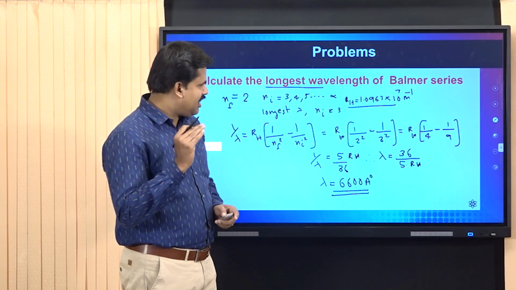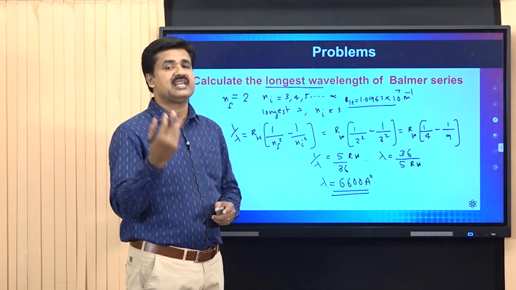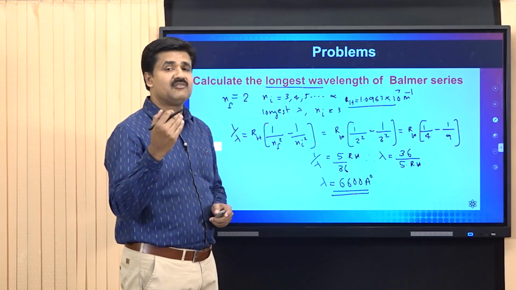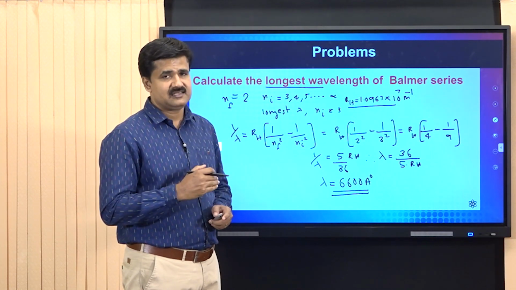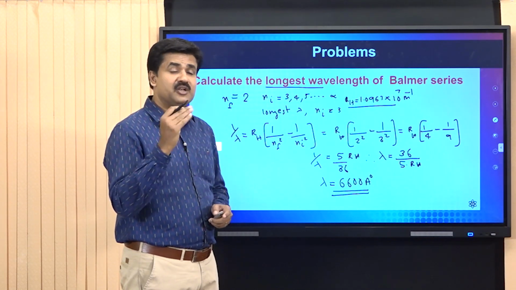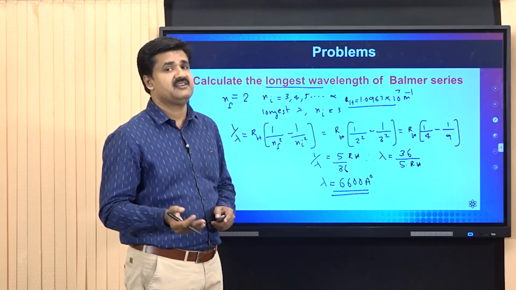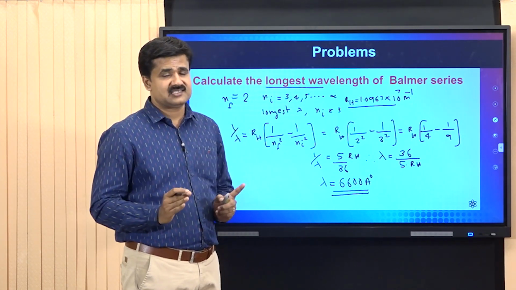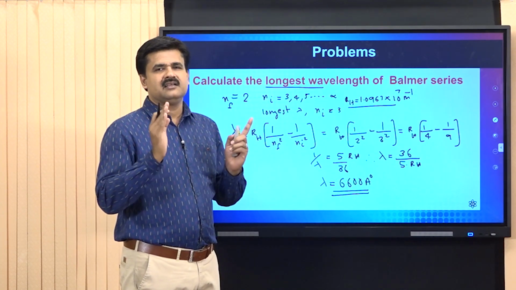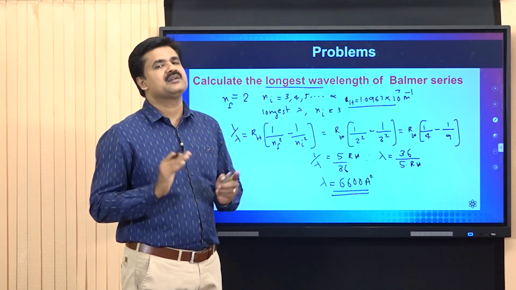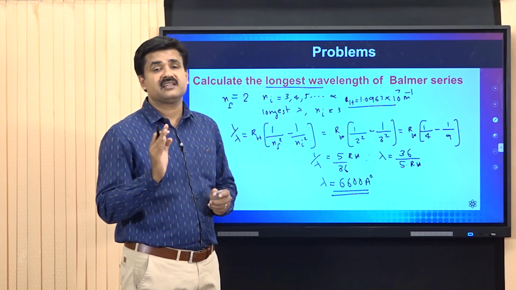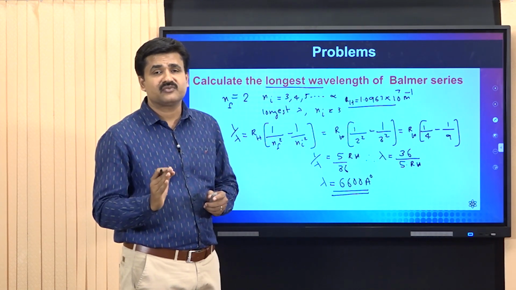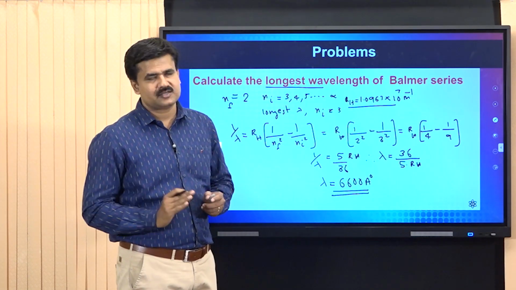By putting Ni is equal to infinity, we can also get the value of the shortest wavelength. And from the value of the shortest wavelength and the longest wavelength, it can be concluded that all the lines that belong to Balmer series appear in the visible region of the electromagnetic spectrum.